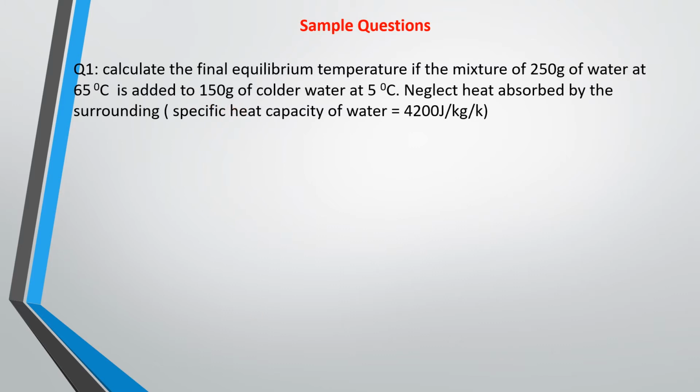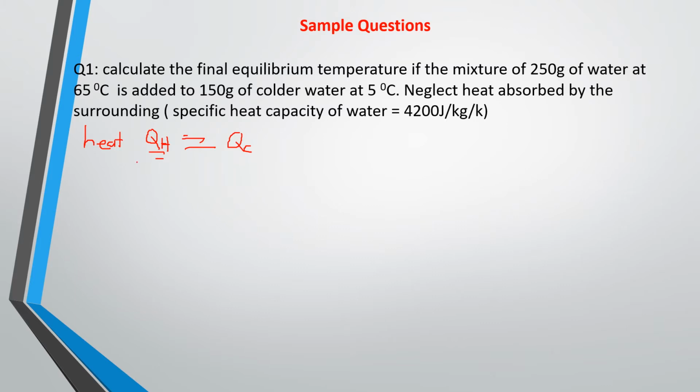So from our equation that we just wrote, we said that the heat lost, let me say QH, if I represent QH by hot water, so quantity of heat lost by hot water is equal to the heat gain by cold water.